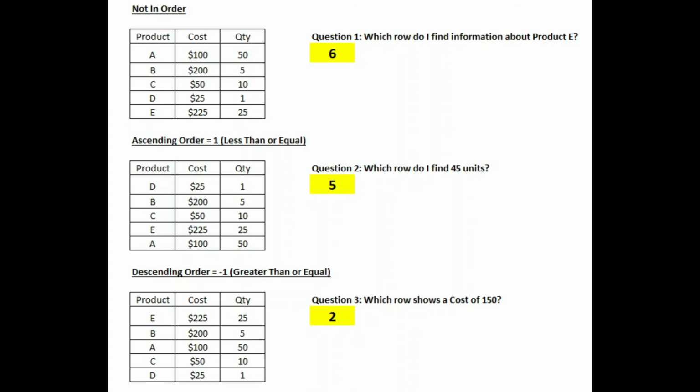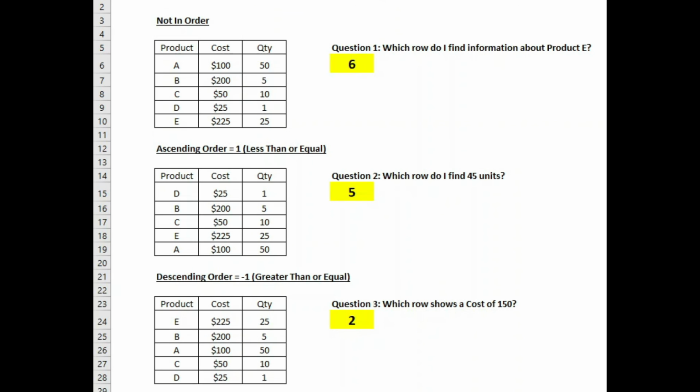In our second example, we told Excel that we want the largest closest value or exact match, and our data was in ascending order, and we used a match type of 1. Being that our data was in ascending order, we would not have had to actually put in the match type of 1 because that's the automatic default within the match function.